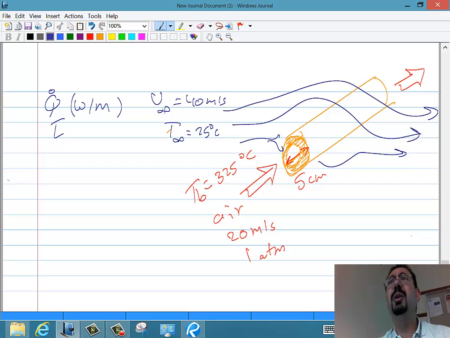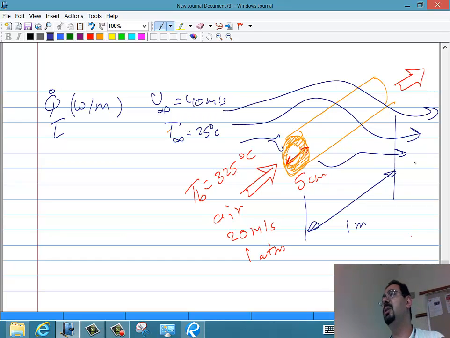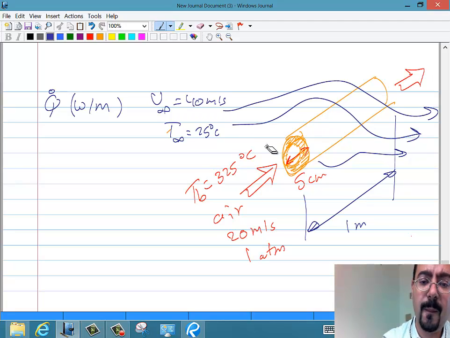If per unit length is confusing to you, just say he wants me to solve it for 1 meter of the pipe. So assume we have 1 meter, and he would like to get this Q. All right, so what is the solution? How can I get my Q? Anyone?